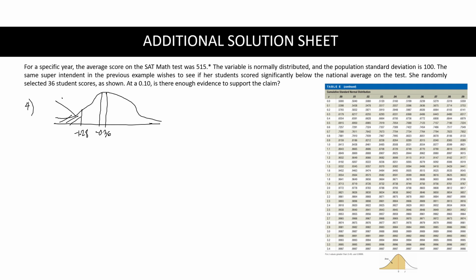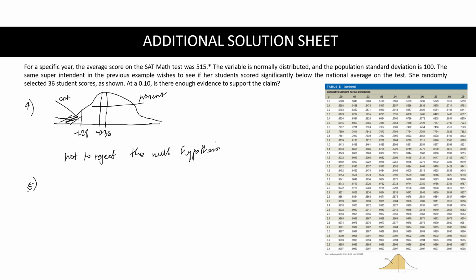So this is the critical region, and this one is the non-critical region. Therefore, the test value falls in the non-critical region. So the decision is not to reject the null hypothesis. Why? Because it falls in the non-critical region.